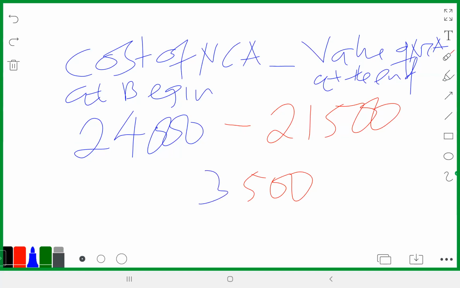3,500. Then if you want per year, you can divide by the number of years so far. Okay. Then in terms of the treatment, it is treated like the straight line method. You get what I mean?